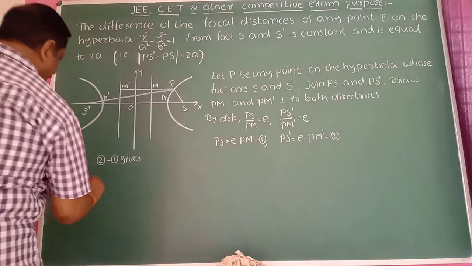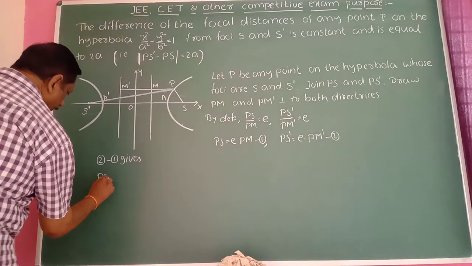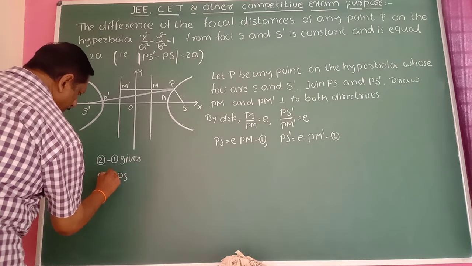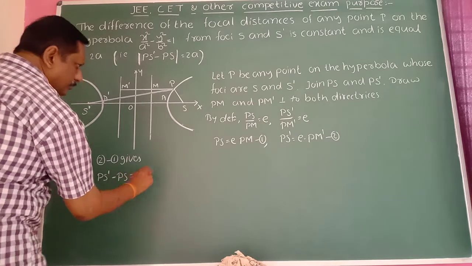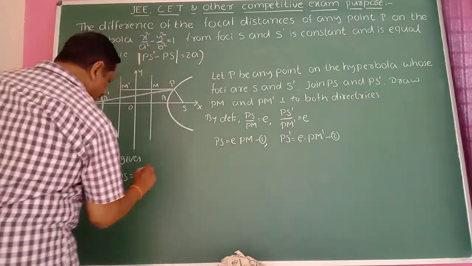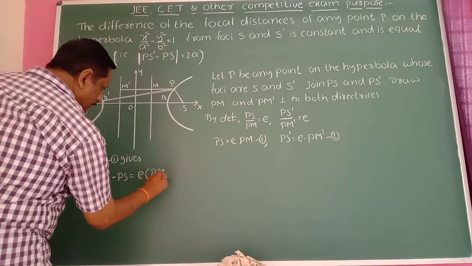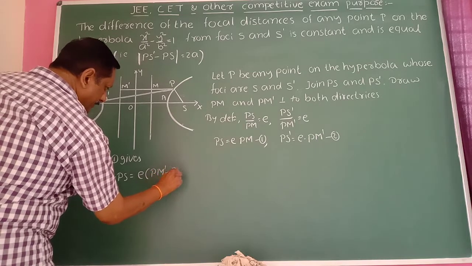Therefore PS dash minus PS is equal to e, the common factor, into PM dash minus PM. From this diagram, observe that PM dash minus PM gives M M dash, which is the distance between the directrices.